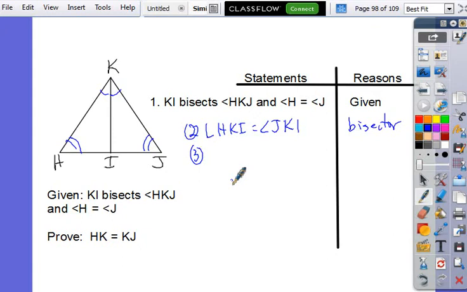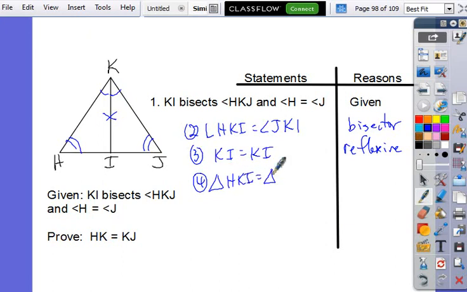What can I say is the same? The middle. It'll be an angle, side. So KI is equal to KI, and what is my reason on that? Reflexive. And if I said, for example, triangle HKI, what would match HKI?